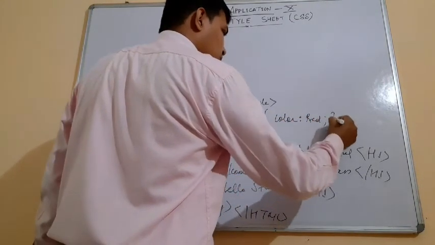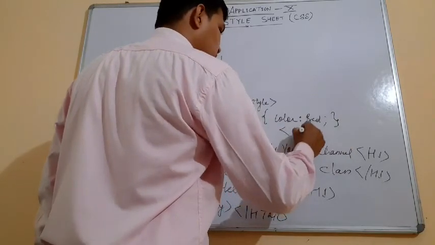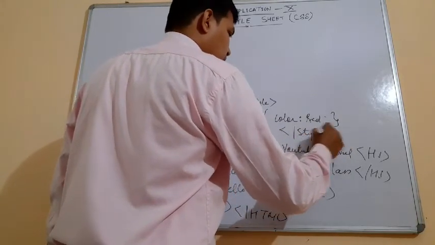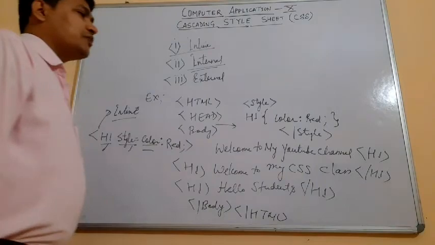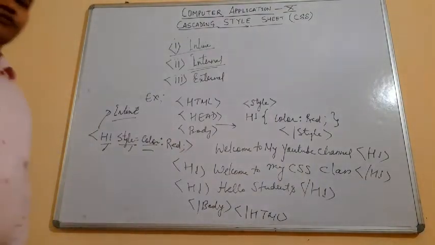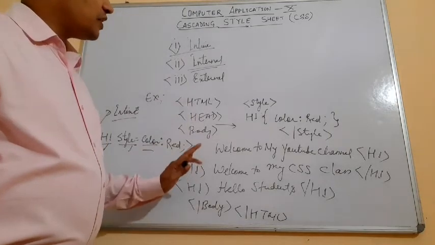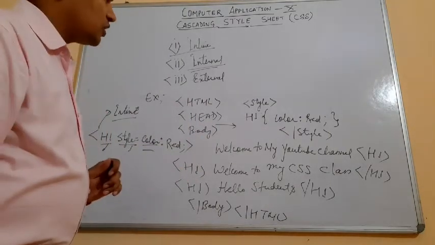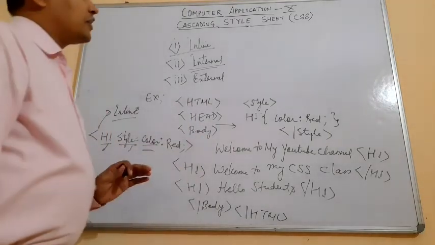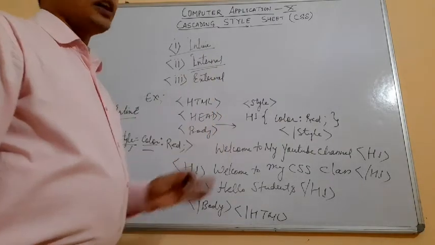This much you have to use, and just close the style tag. In this way, wherever the H1 is in your document, all the H1 will display in red color. So it will save your time.